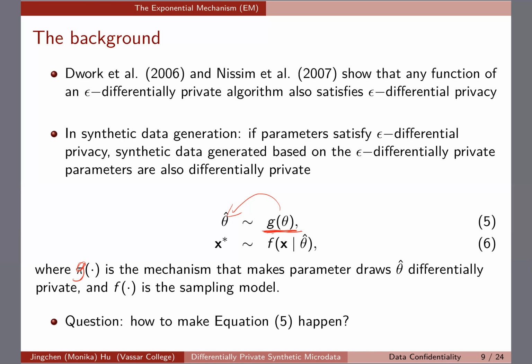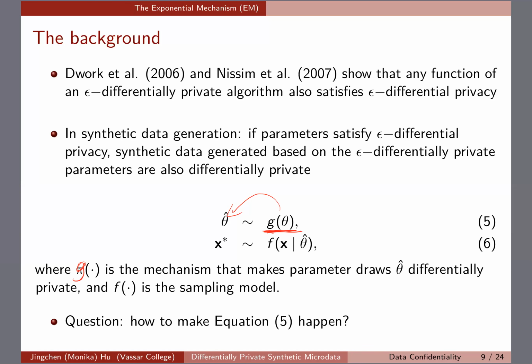Let's say in the simple linear regression that I mentioned before, the parameters theta are the regression coefficients, the betas as well as the sigma in the normal regression model.